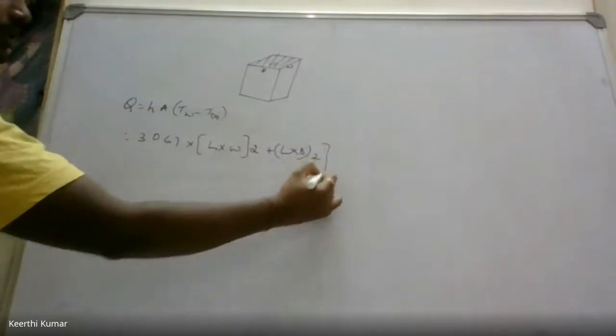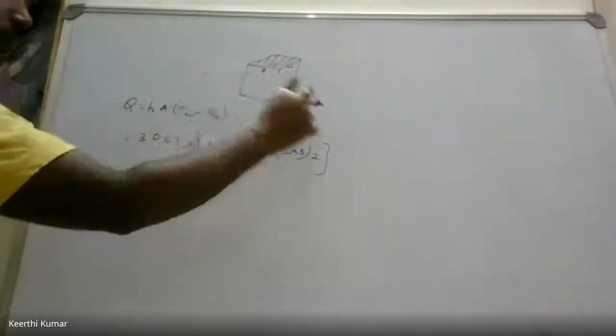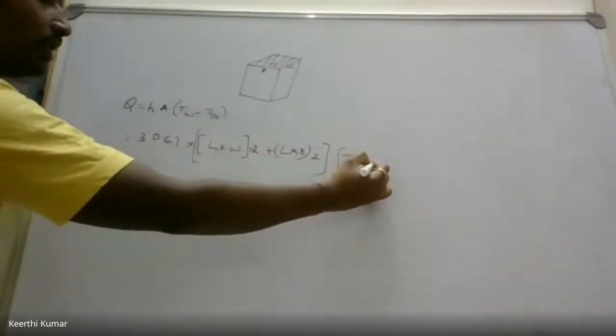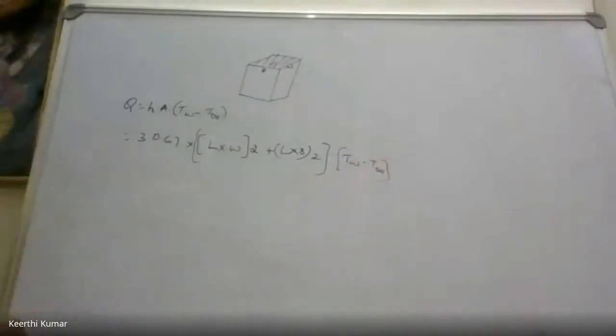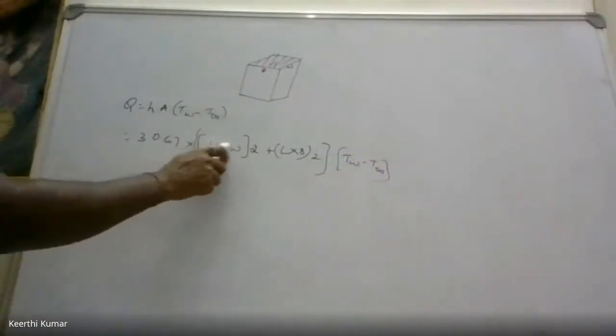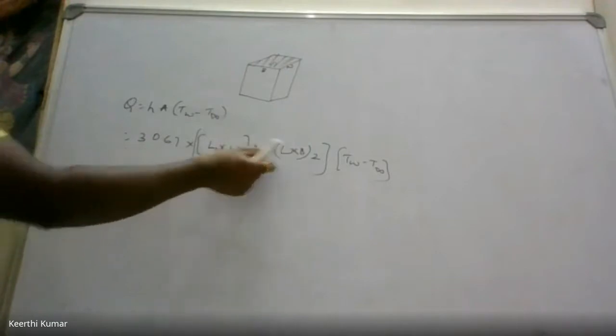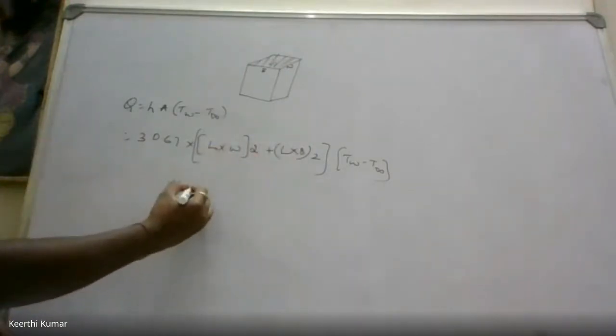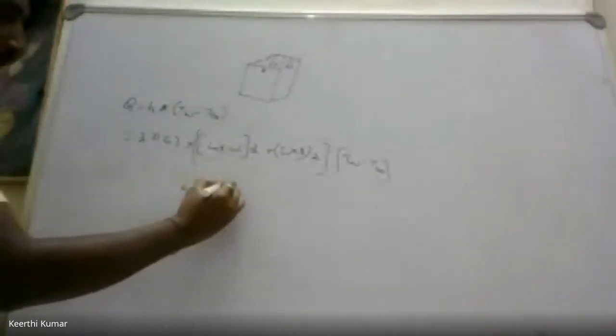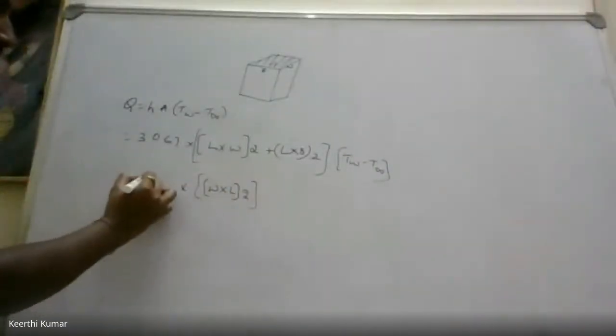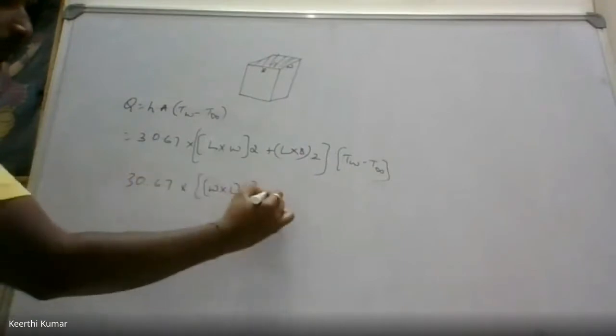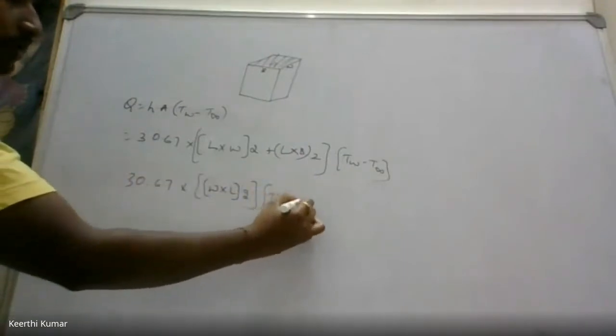So this is the total area of the material which is exposed to the air, into (T wall minus T infinity). Clear? L into w into 2, L into b into 2. Hence w and b are the same, I can rewrite that equation as w into L whole multiplied by 2. This is the area I can rewrite. 30.67 into (T wall minus T infinity).